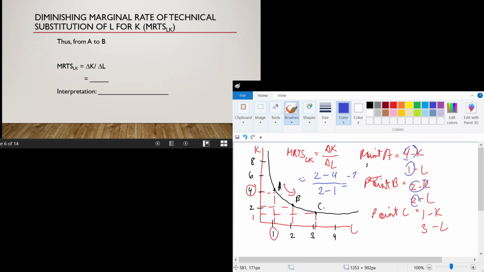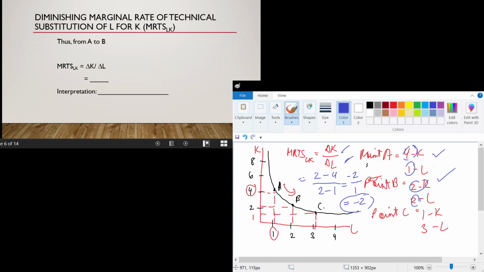So we have here negative 2 over 1, and it will give us negative 2. Okay, so we just solve for the change in K over change in L based on our existing points, point A, point B. So from point A to point B. So point B yung current natin, point A yung previous.